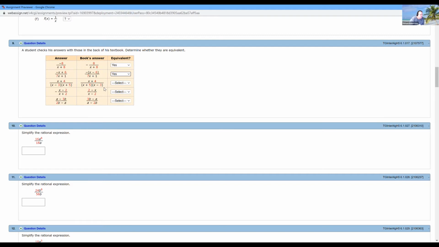Is that equivalent? Is this essentially the same thing as this? Yes. Right, if you stick a negative here or you don't have a negative here, is this the same as that? Correct. No, it's not. That's a contradiction, but no, it's not.